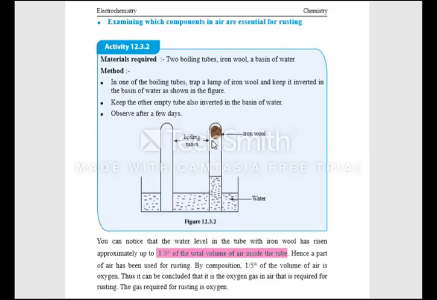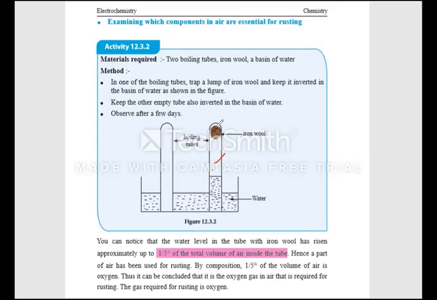But when you observe after a few days, the amount of air inside this boiling tube is less, and that is the reason why water from this basin would rise up along this boiling tube, right? Because a certain portion of the air inside this boiling tube was taken up.